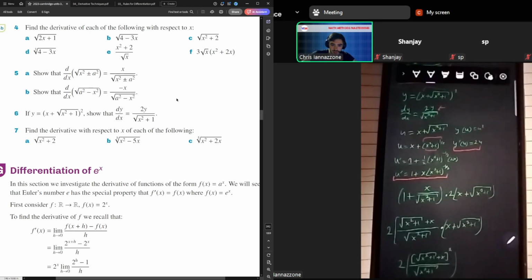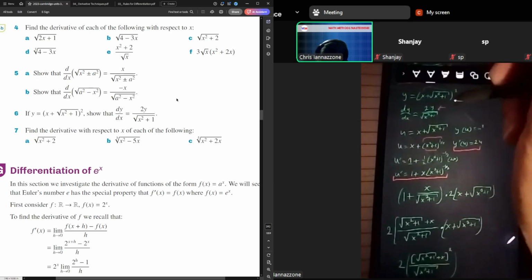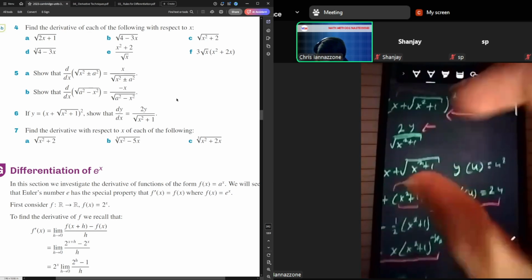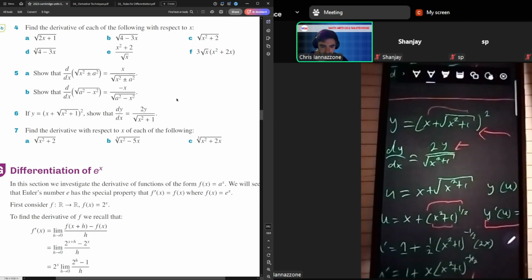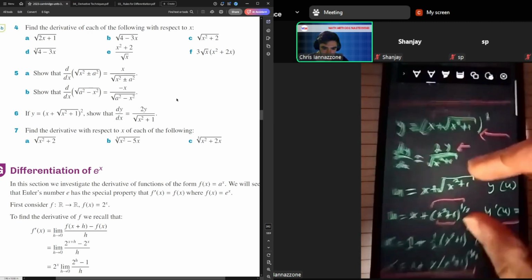One tip worth mentioning, in this entire working out, there's only one place where y is ever defined. It's up here. So y is the same thing as x plus square root x squared plus 1 all squared.